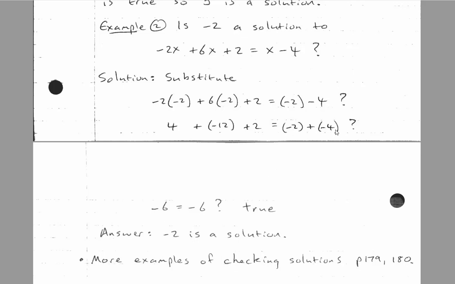Negative 2 plus negative 4, add the absolute values, keep the sign, that's negative 6. That's true. So this does work. So negative 2 is a solution.